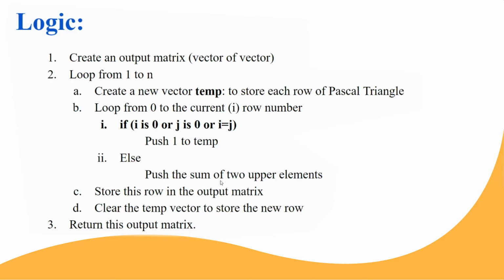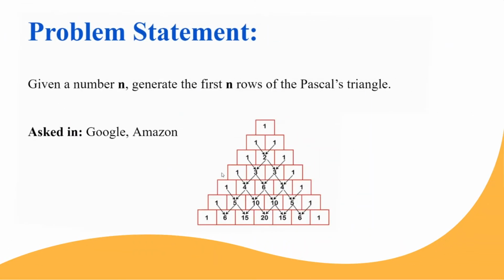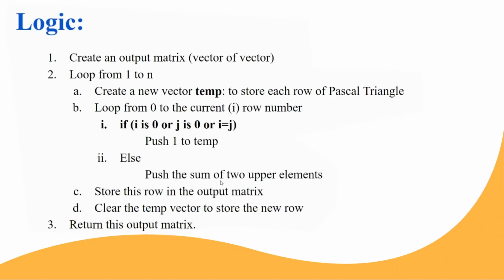In each loop we will create a new vector temp to store each row of the Pascal triangle. n is the number of rows to be printed, so we loop over each row, and for each row we create a new vector temp, an array representing that row of the Pascal triangle, and we push it into this matrix. So ultimately we'll get a vector of vectors, which is nothing but a matrix.